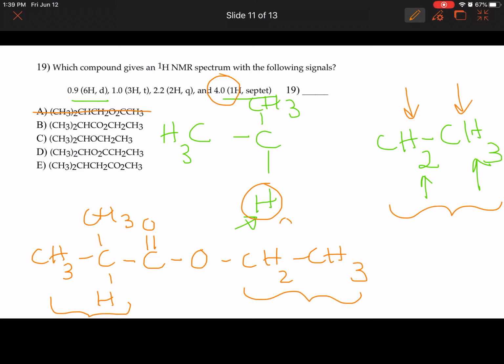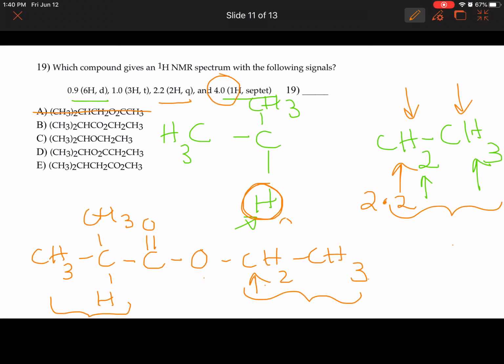It looks like the correct molecule, but you have to look at the chemical shift. If the 2 hydrogens over here, CH2, are next to the oxygen, it should have a higher chemical shift. The 2 hydrogen quartet is at 2.2.